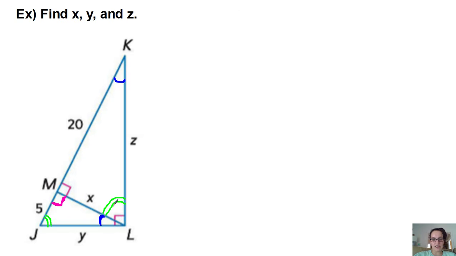By labeling those angles, it's going to be a lot easier for me to figure out which triangles are my similar triangles. So I'm going to redraw these three triangles separately.